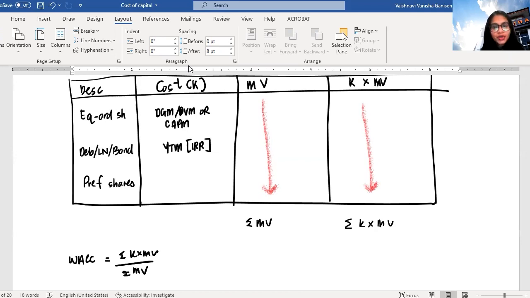And here you have irredeemable as well. Here you have KP equals D0 over P0.